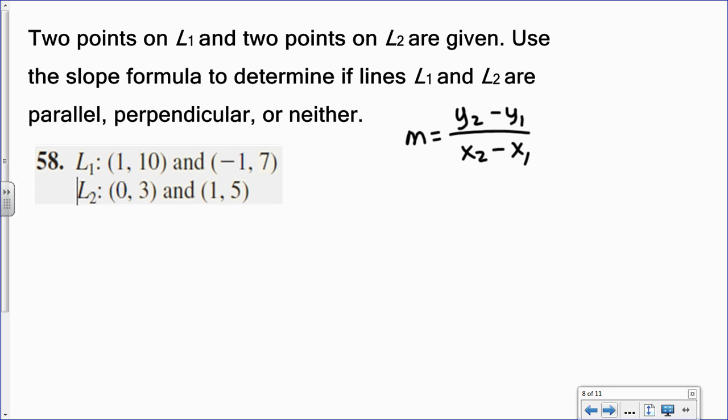Alright, I have 2 points on line 1. Remember, every point has an x and a y. This is my first point listed, so I'll call those x1, y1. This is my second point listed.